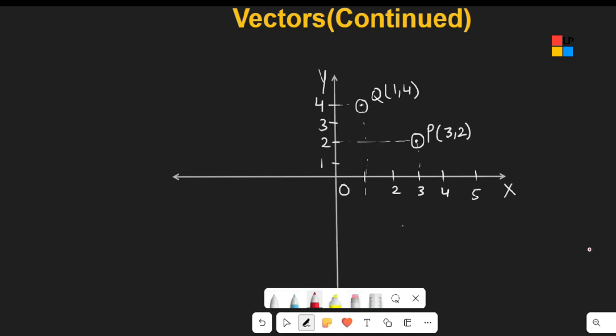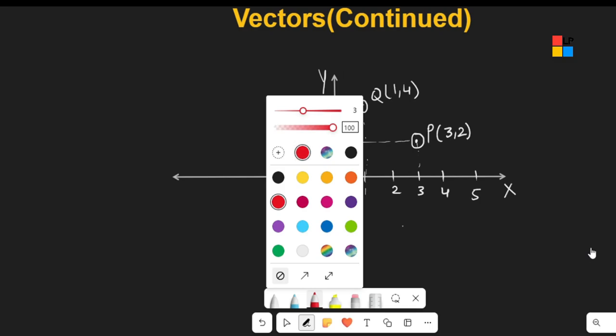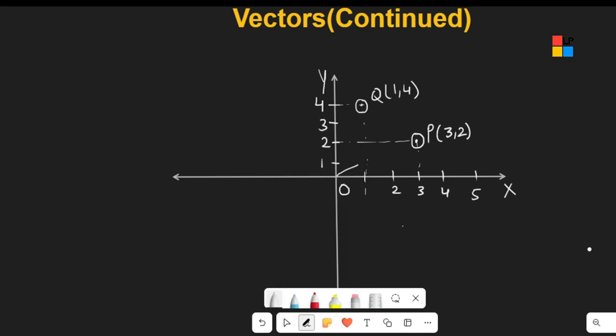So if I draw a line from the origin and join the point P here, this is in the direction of P from origin. Similarly, if I draw one more line from here to Q, this is OQ. So we have two lines.